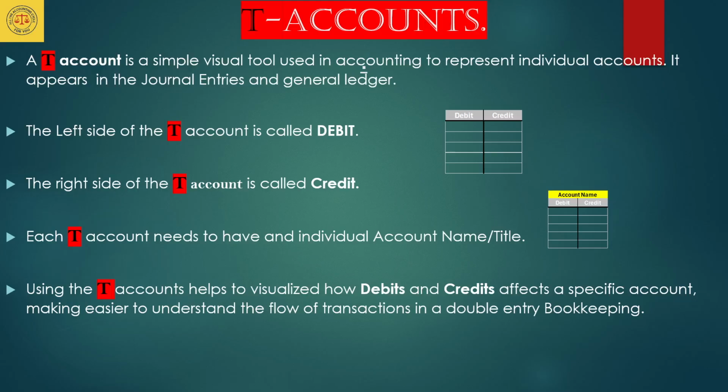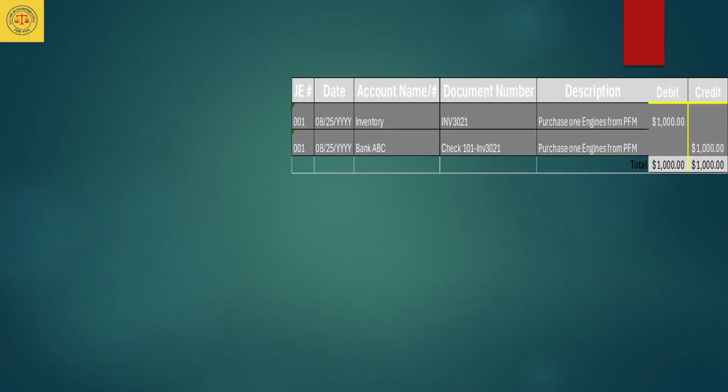Double entry means it has to be at least two lines, one transaction, two records. It could be one transaction with any number of lines, the entries, 4, 5, 6 for just one transaction. But that's a concept that I want you to understand right now. So let's face this one.